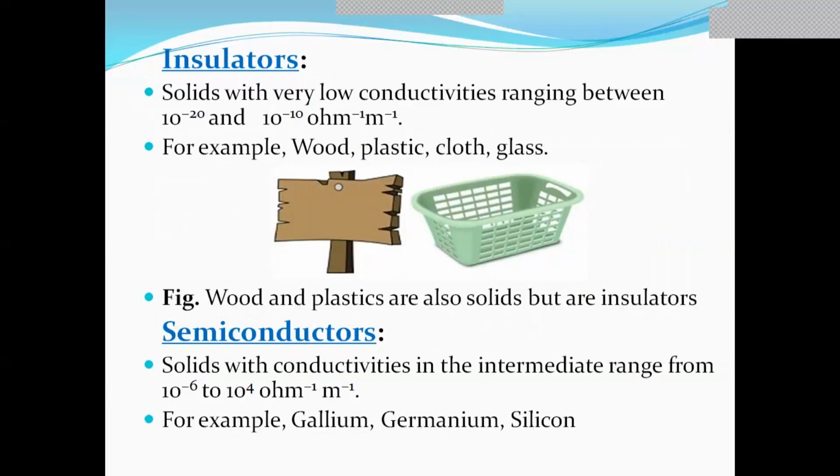Examples are wood, plastic, etc. Semiconductors have electric conductivity between conductors and insulators, that is 10 to the power of minus 6 to 10 to the power of 4 per ohm per meter. Examples are silicon, germanium.